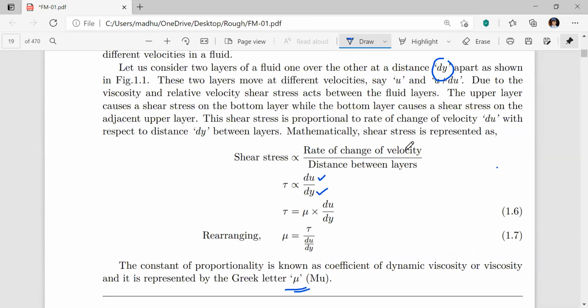The change in velocity by the change in distance between layers, du by dy, is proportional to the shear stress tau. Multiplying by a proportionality constant mu, I can remove the proportionality symbol. That proportionality constant is the viscosity. So rearranging the equation, mu is equal to tau divided by du by dy. This is the expression for the viscosity.